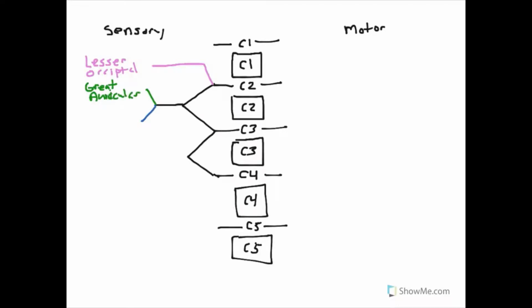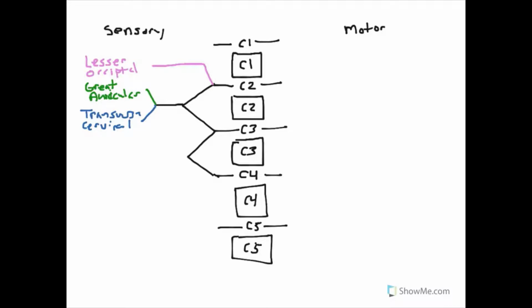Great auricular nerve. Then, the one that I have in blue will be the transverse cervical nerve. Transverse cervical nerve. Then, what we're going to do, we can take another kind of lovely color.